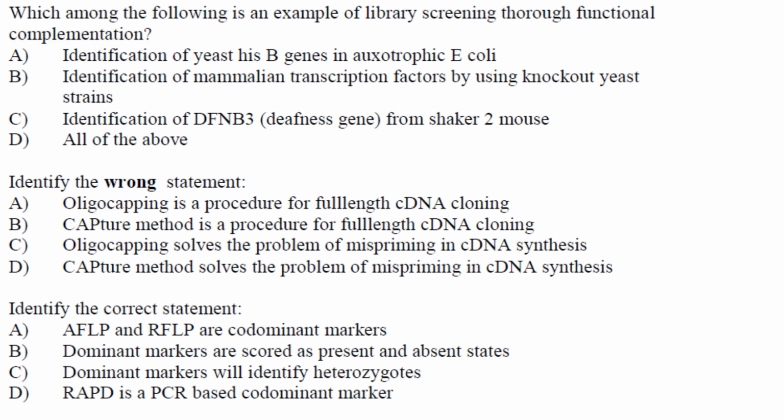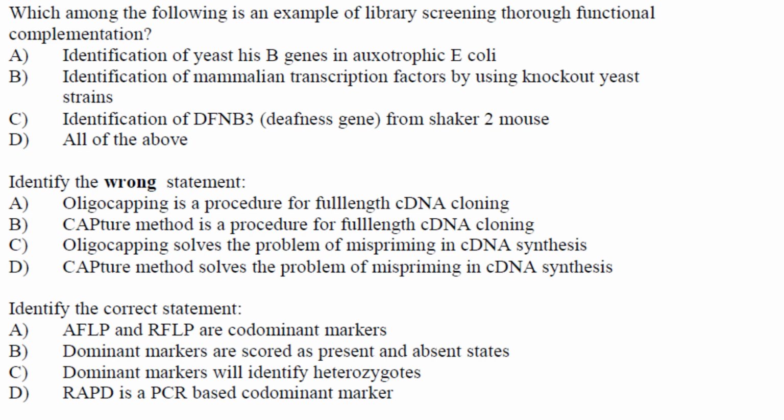Now see, identification of DFNB3 deafness gene from Shaker 2 mouse. So mouse embryonic stem cells with DFNB3 mutation are selected. Then a human genomic library is introduced into the mouse cell. Cells exhibiting restored hearing by complementation with human DFNB3 gene are screened. Okay. And then the human genomic library is screened for functional DFNB3 gene. So C is also an answer.